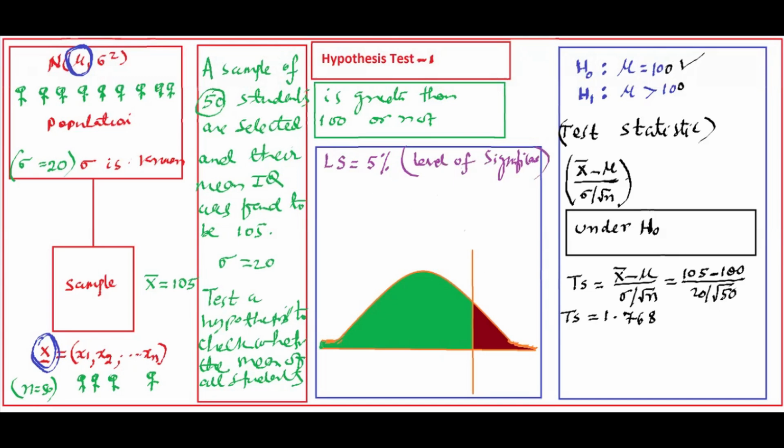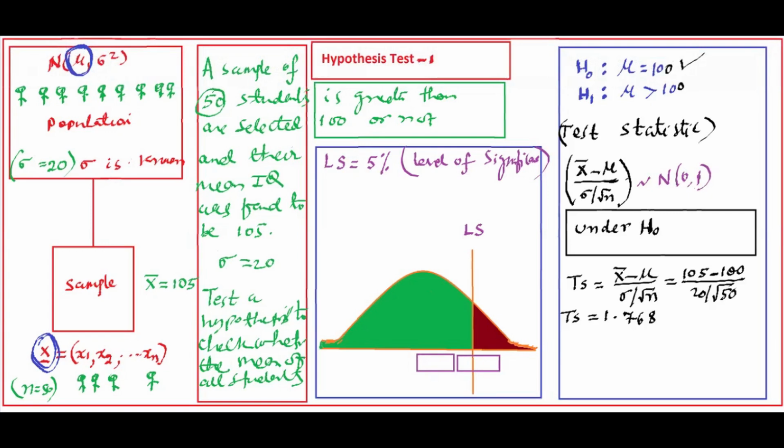If you take this is LS, and you take standard normal table, this is standard normal, because this follows standard normal. So you have to see standard normal distribution and you have to write the number here. Check where is your TS line. If TS line is here, then it's accepted because this will be in the accepted one.